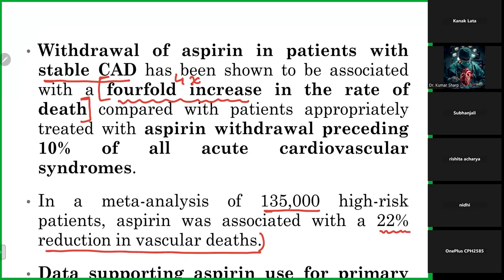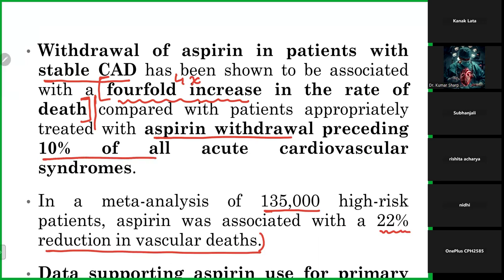Okay. So the withdrawal of aspirin in patients with stable coronary artery disease has been shown to be associated with a fourfold increase in the rate of death. This is the first point. This was compared with patients who were appropriately treated with aspirin, withdrawal preceding 10% of all acute cardiovascular syndromes.